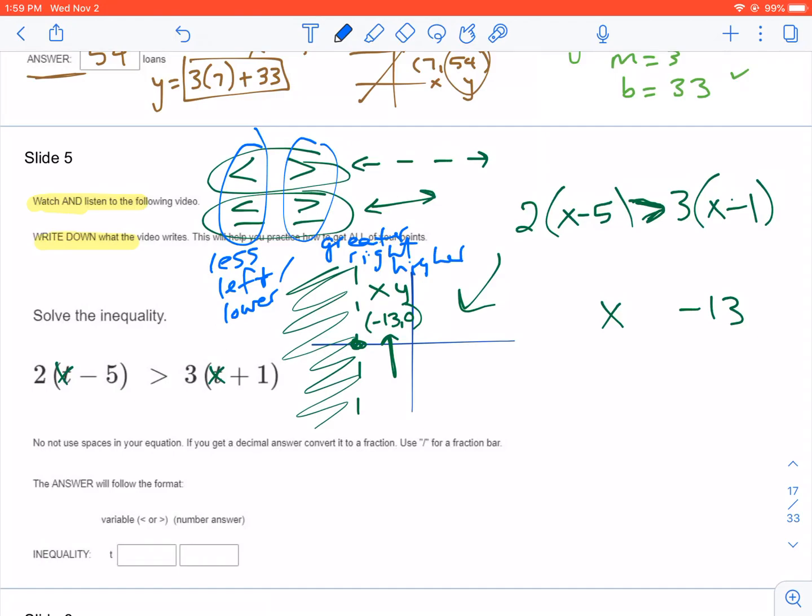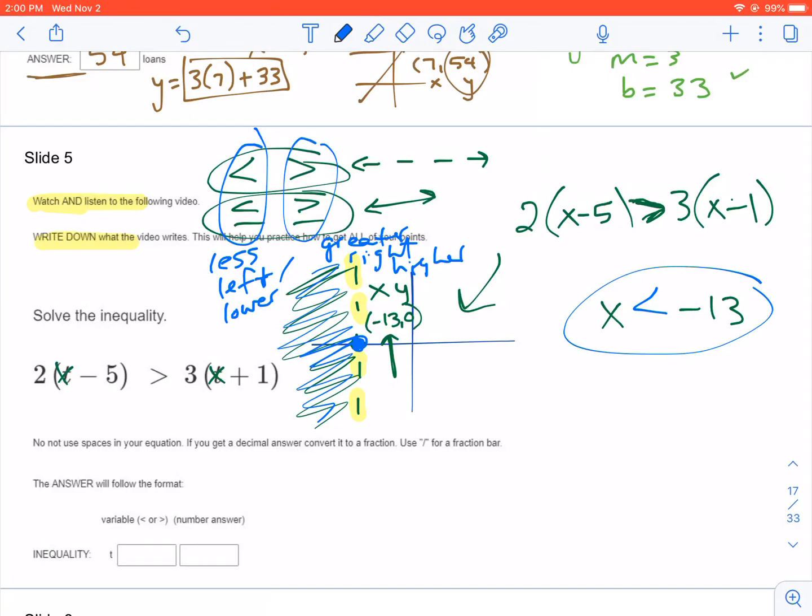So right here, where did I shade? If I put my pencil or finger to get to the shaded area, I'm shading to the left. That's going to be a less than symbol. Because the line is dashed, we don't put the underline on it, and this is our final answer.